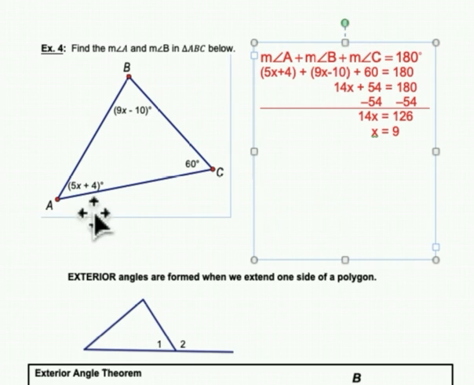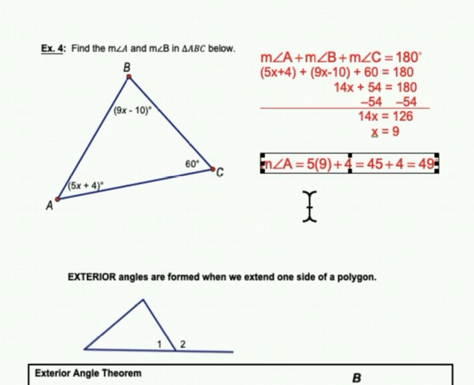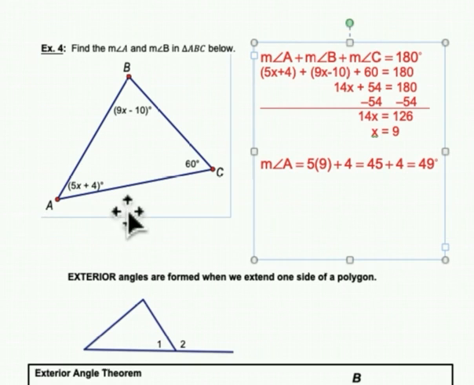So now I just need to substitute 9 in for x into those two variable expressions to find the angle measures. So for the measure of angle A, 5x plus 4 becomes 5 times 9 plus 4, which is 45 plus 4, which is 49 degrees. So the measure of angle A is a 49-degree angle.